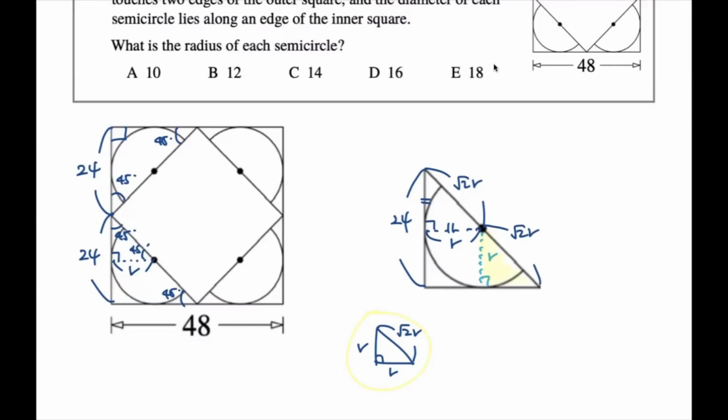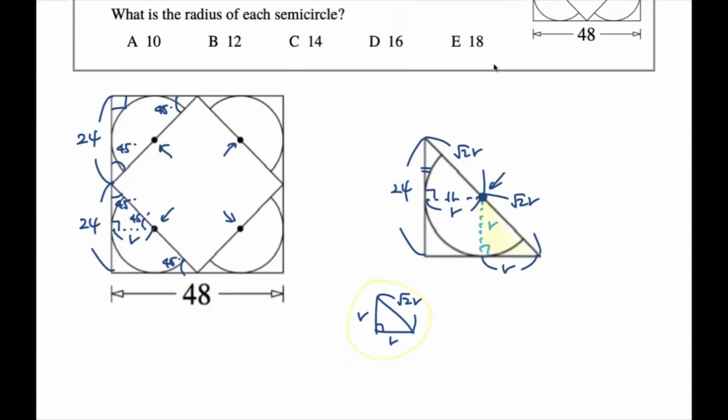And to clarify, this would also be r because it's a 45, 45, 90 triangle. Therefore, the 2 lengths are equal, and we proved this point is always the midpoint. In each semicircle, this is the midpoint of the whole length, like the hypotenuse of each triangle.